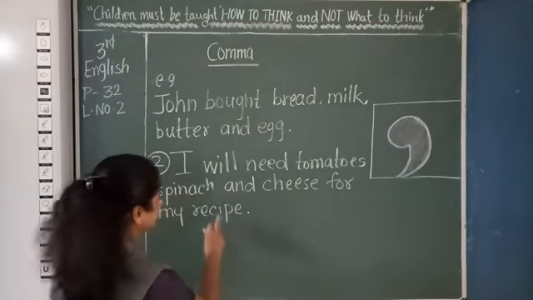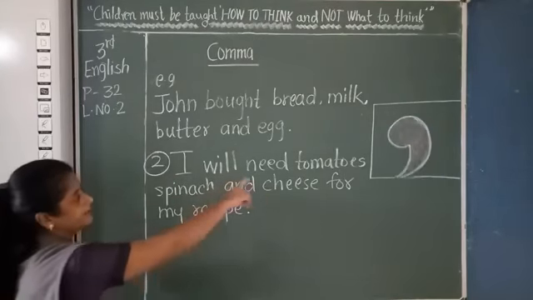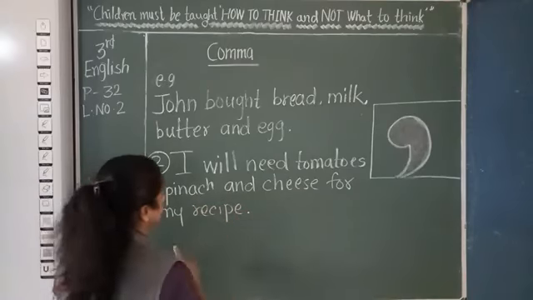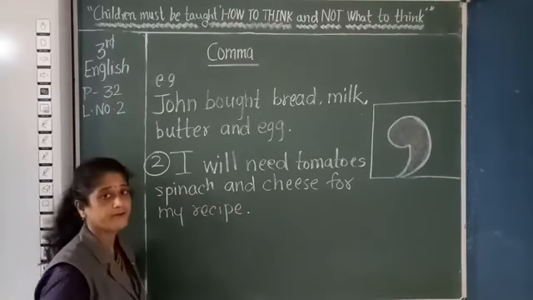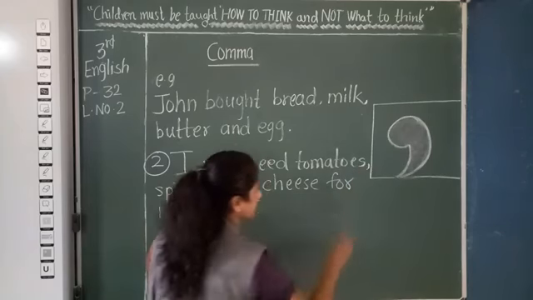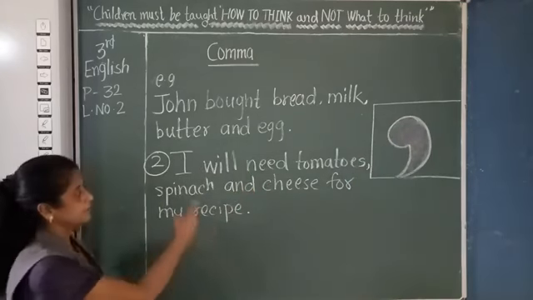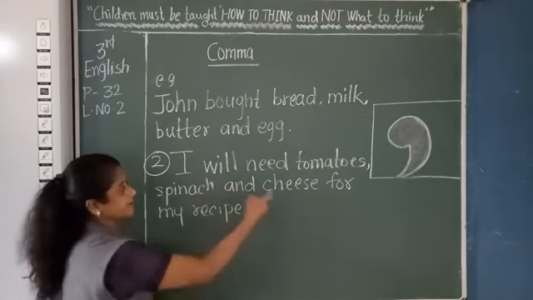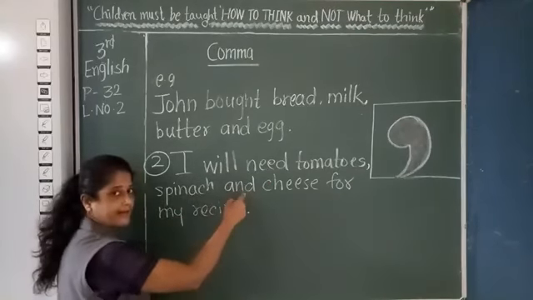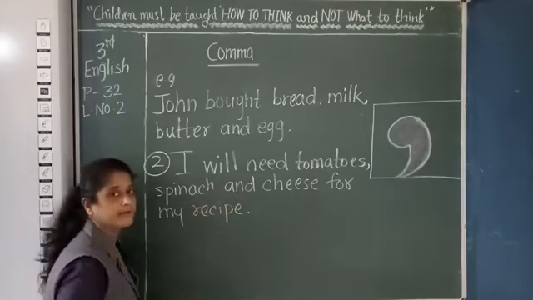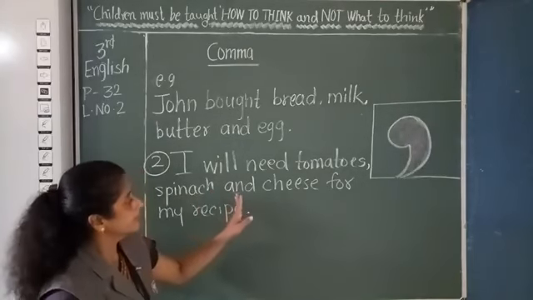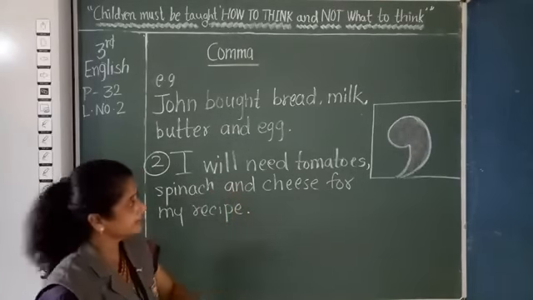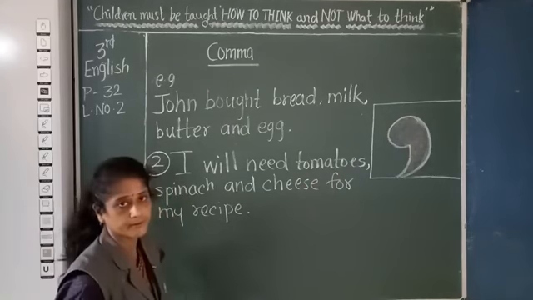Yes, that is recipe. Okay, so I will need tomatoes, spinach and cheese for my recipe. Where should I give a comma? I should give a comma after tomatoes. Should I give a comma after spinach? No, because and is there. So spinach and cheese, they are connected with and. So there should be no comma here. Here they have already been separated. Yes, only one comma comes over here.